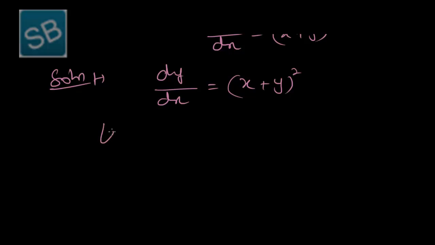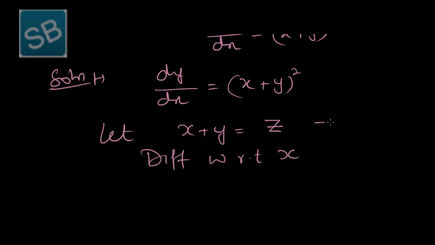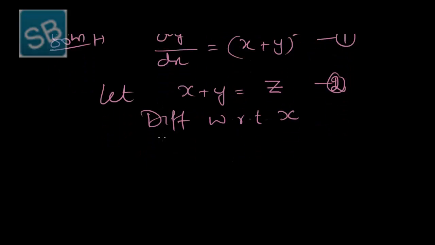So there is a technique: let x plus y is equal to z, a new variable. So differentiate with respect to x to get the value of dy by dx. So we get 1 plus dy by dx is equal to dz over dx.